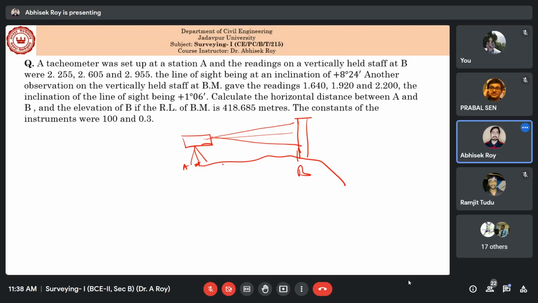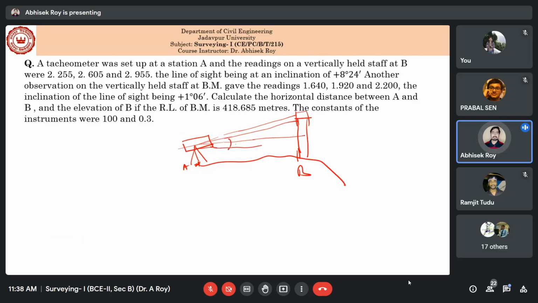It will not be like this. So it is here. So the line of sight is, say, like this. Okay. Then you are having the upper and the lower, like this. 3 readings you are getting.